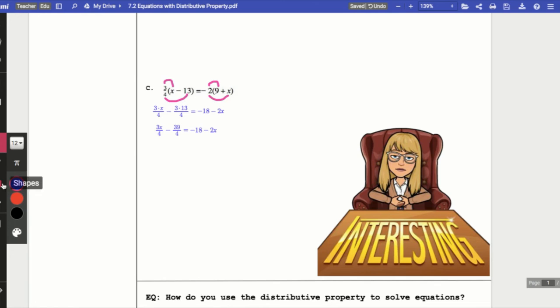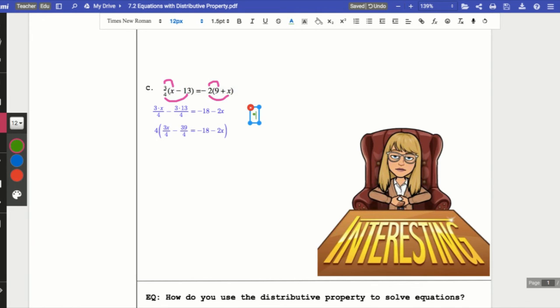Remember, we eliminate the base by using a mega distributive property. So we're going to multiply by the denominator. These happen to have the same denominator, which is 4. So now I'm going to take it to the next level and do a mega distributive property of multiplying by 4. I'm just going to make a note of that so you don't forget.